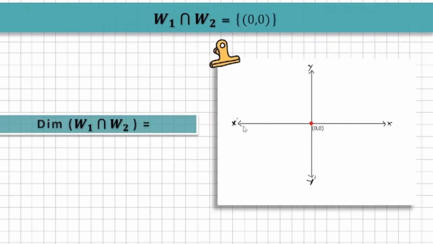We can say it like this: the singleton set containing the zero vector is not linearly independent. Therefore, the basis of the zero vector space is the empty set, and therefore its dimension is 0.